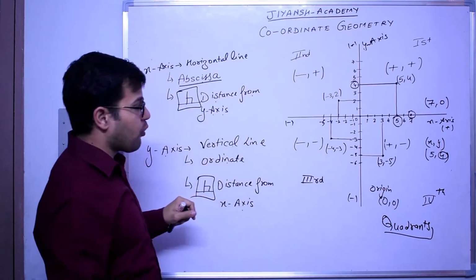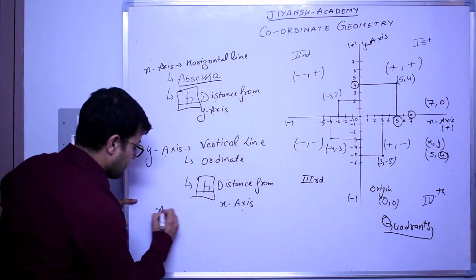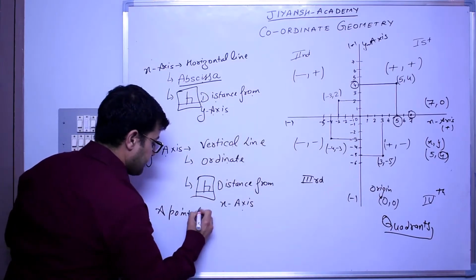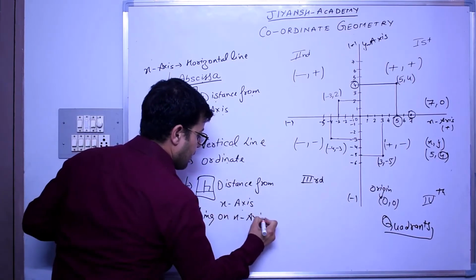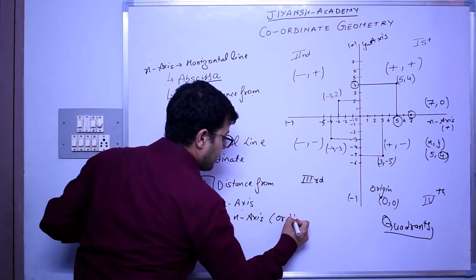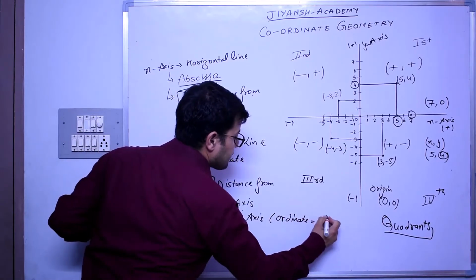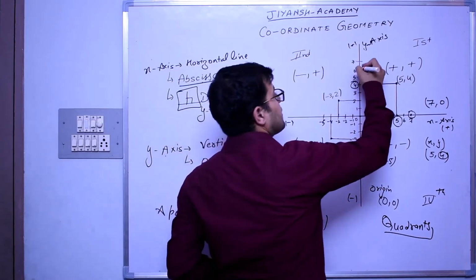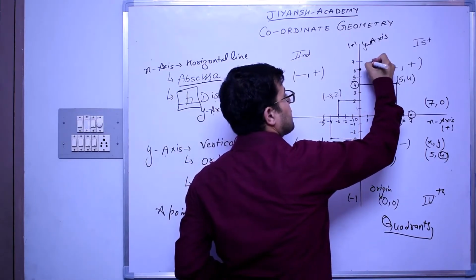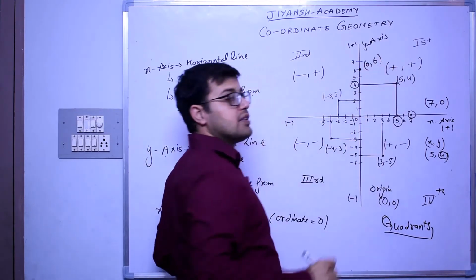So a point lying on the x-axis will have ordinate as 0, right?